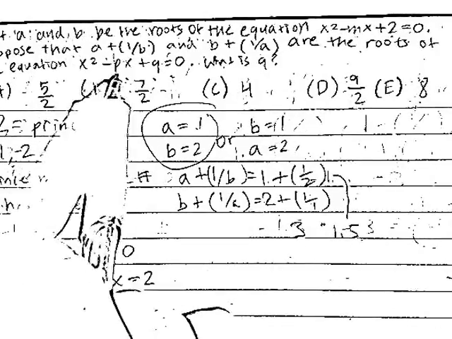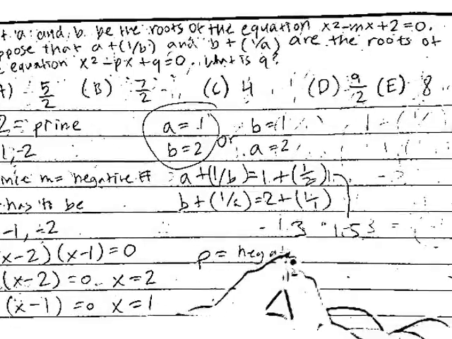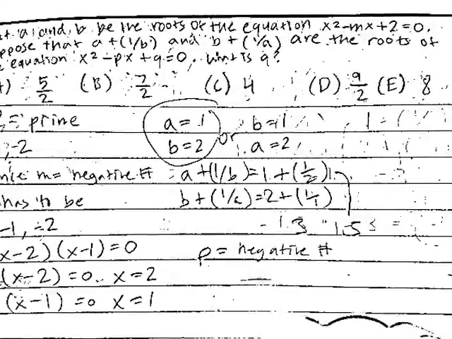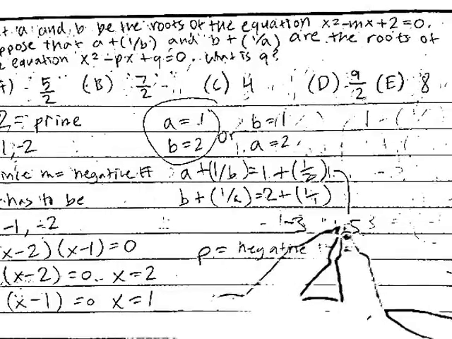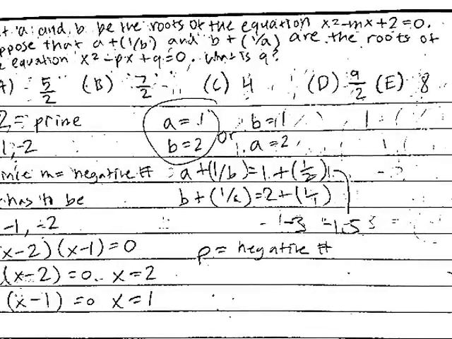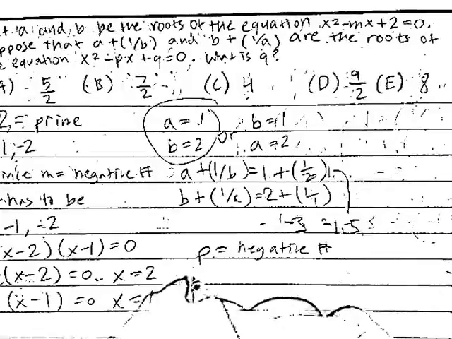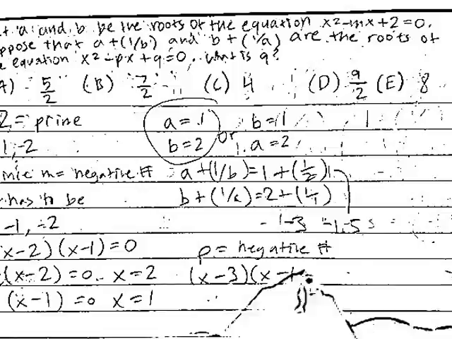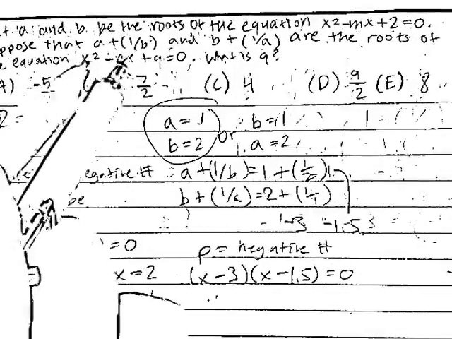However, p equals a negative number. So the only way is to add negative signs to both numbers, like I did with this one. So now you can see that if you factor this out, x minus 3, x minus 1.5 equals 0, which is the simplified version of this equation.